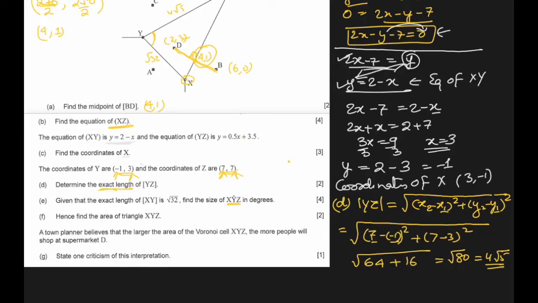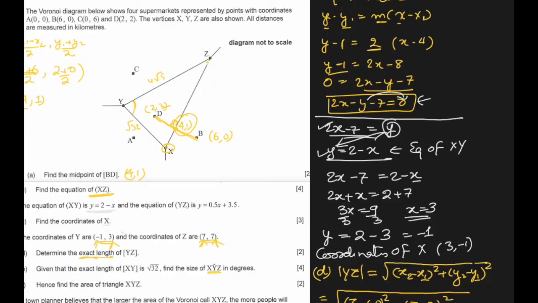Alright. So since we know this one, we can do it this way. We know this coordinate also, z, which was given to us, 7, 7. Since we know one side here, let's find the third side also by the same distance formula. So xz is the third side, and I will use the distance formula again. 7 minus the coordinates of x, we just found 3 and minus 1.